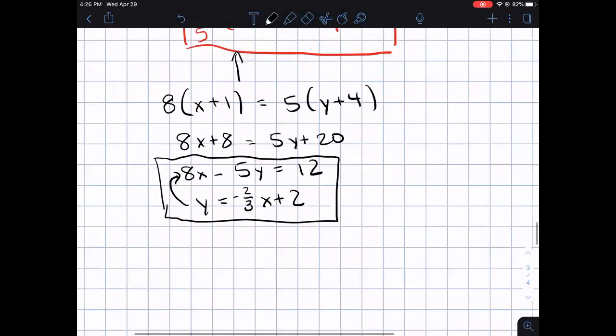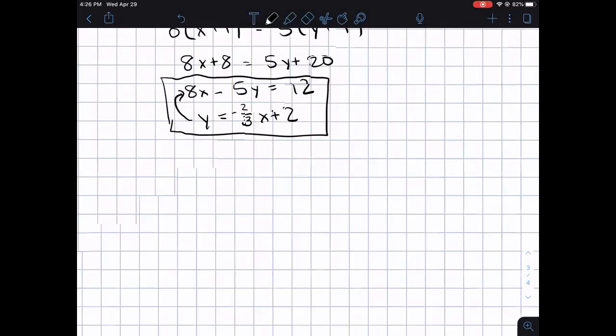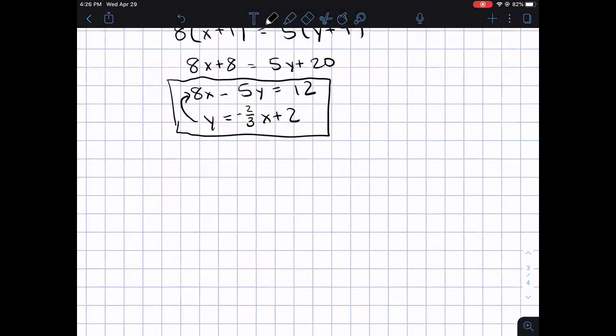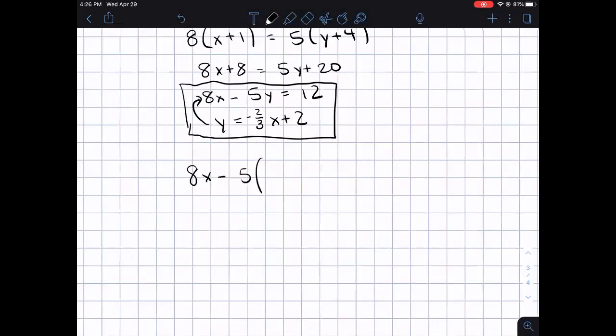So it's going to be a bit uglier this time. So let's just plug it in again. So 8x minus 5 times (negative 2/3 x plus 2) is 10, is equal to 20. So this is just computation now.